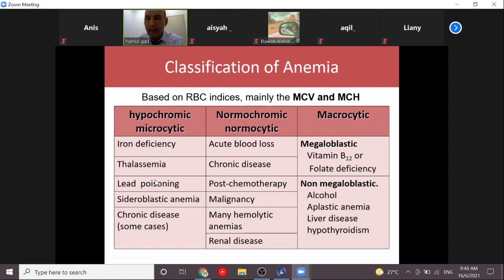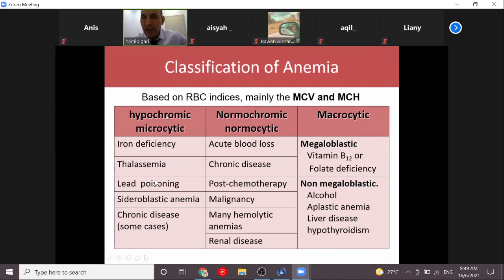If lower than that, the hemoglobin gives the color of the red blood cell. That's why it's pink in color. So when the hemoglobin is lower than normal, the red blood cell becomes less colorful, less pink, and that's why we call it hypochromic.